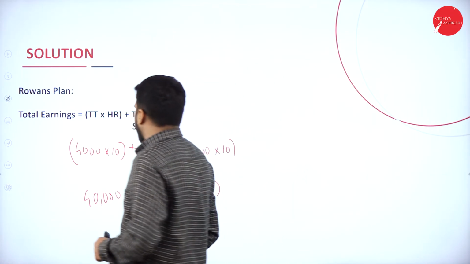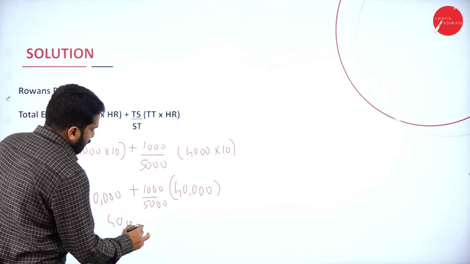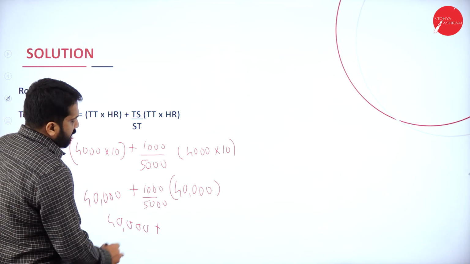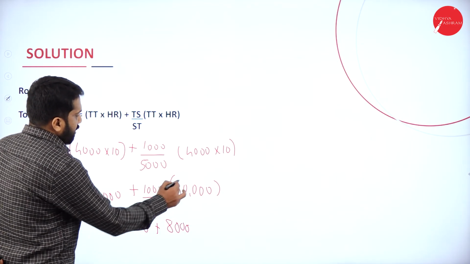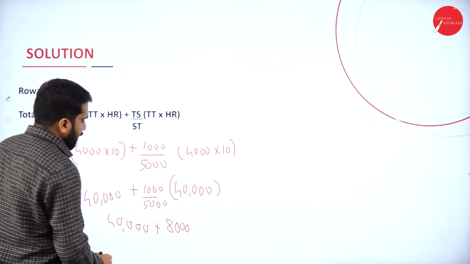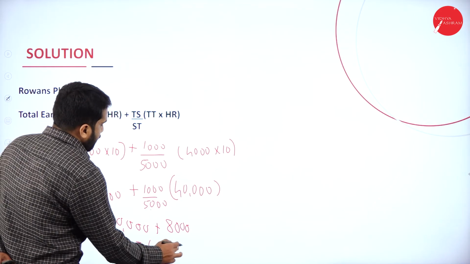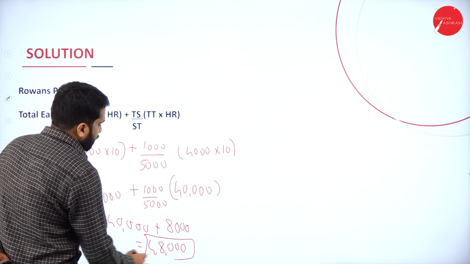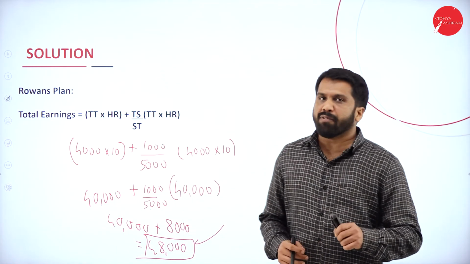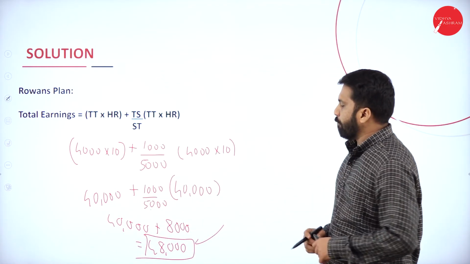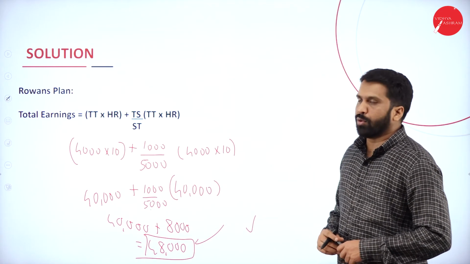Simplify this. Now, this will be 40,000 as it is, plus, if you simplify this, it comes to around 8,000. Your final answer is 48,000. Any doubt? Hopefully there is no doubt. So this is all about your row 1 plan.